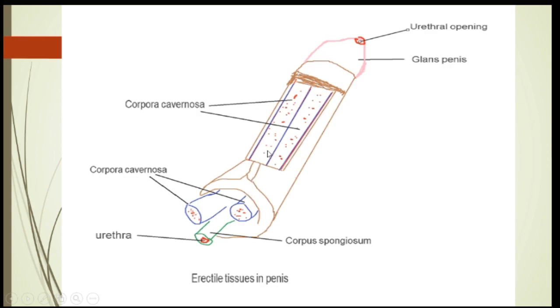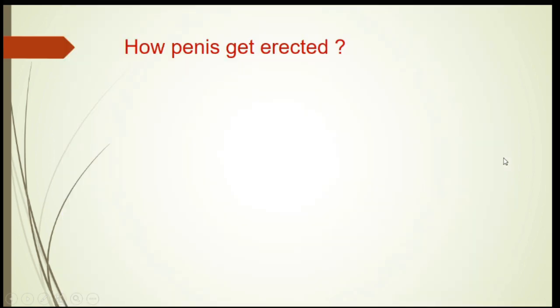Over here you cannot see the corpus spongiosum because it is passing through the ventral side. And finally this urethra comes downward and opens into the urethral opening or urethral orifice in this figure. So from both of these figures you can be very clear about the erectile tissues in the penis.